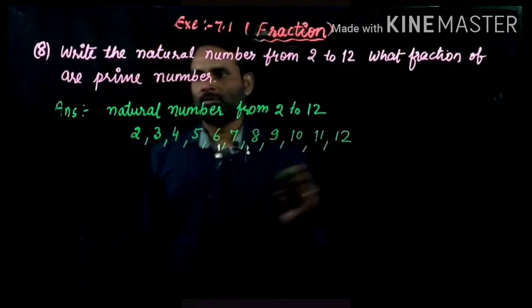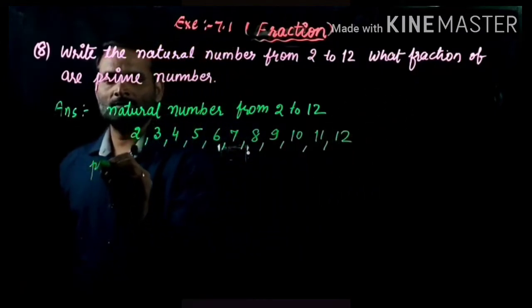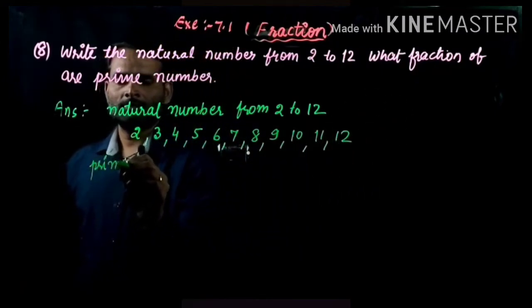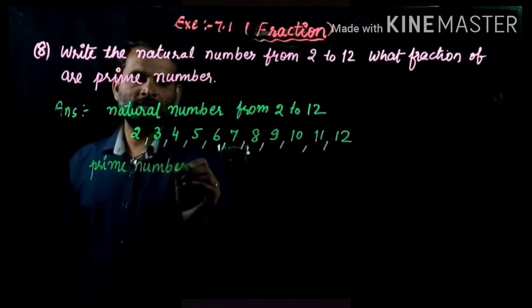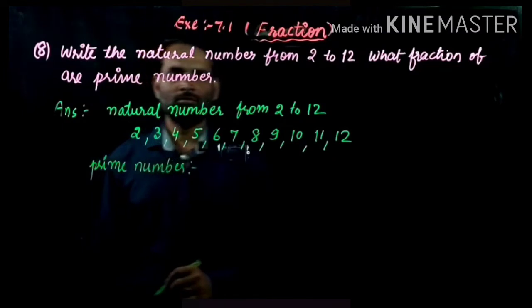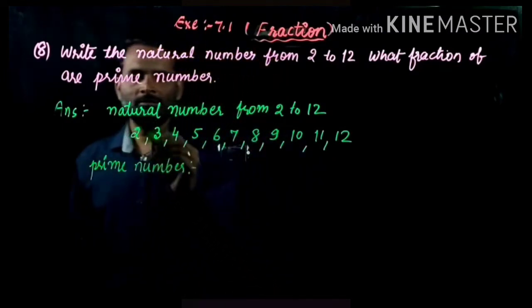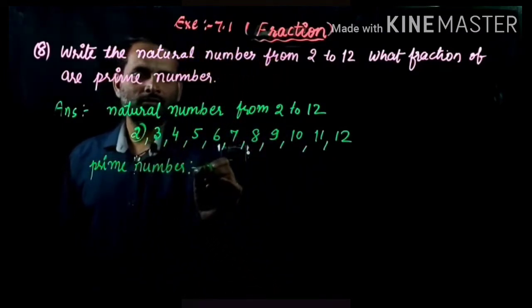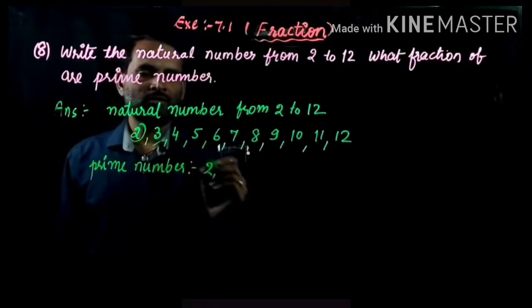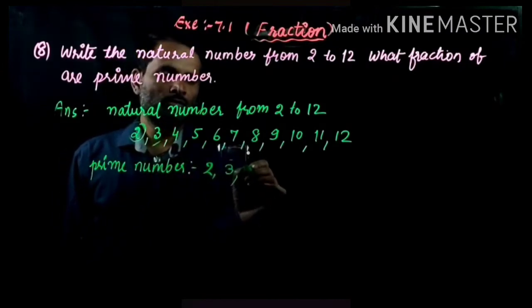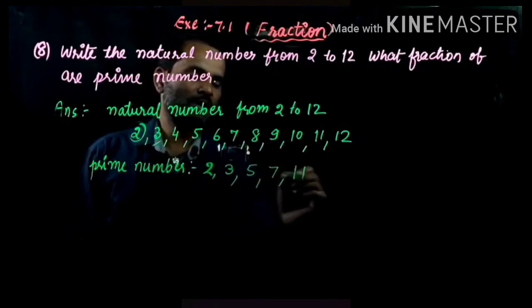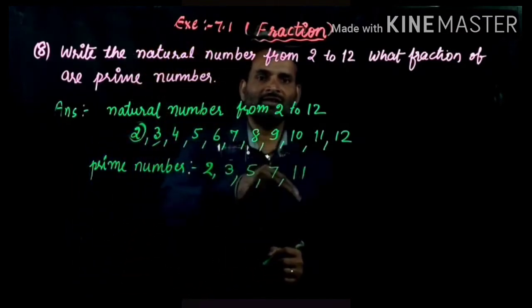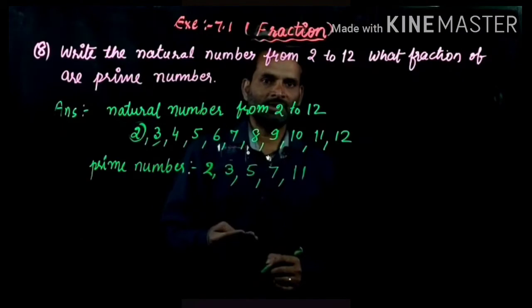Prime numbers were already learned in chapter 2. The prime numbers are 2, 3, 5, 7 and 11, and the other numbers have factors more than 1.